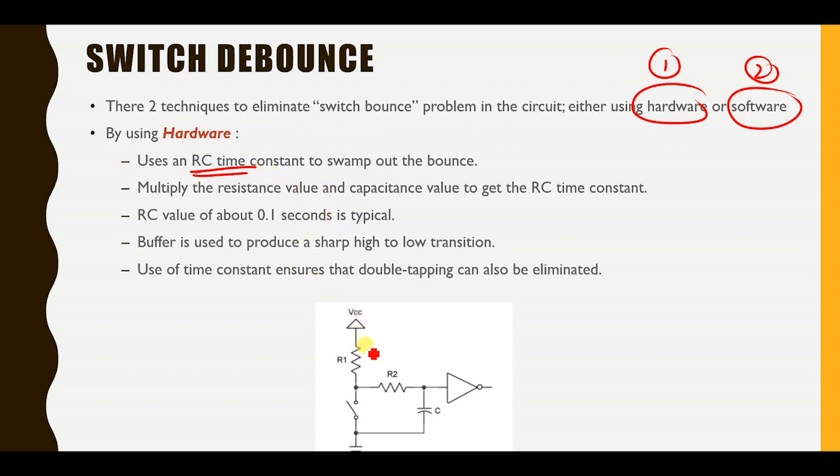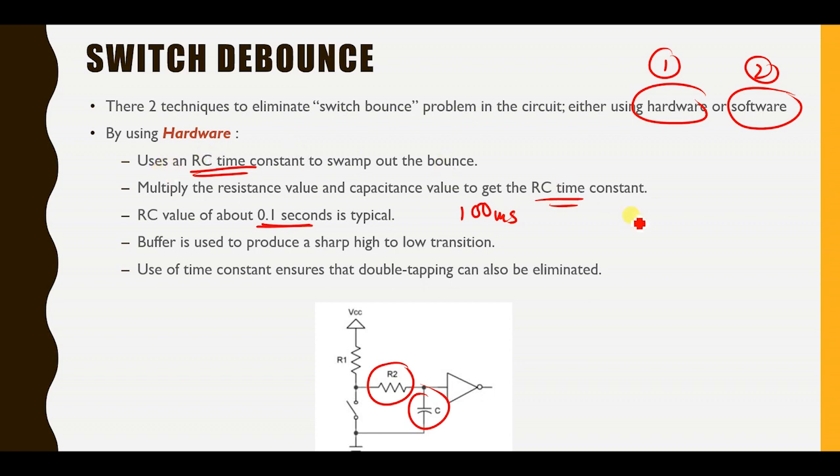With this kind of circuitry, you have the R and C here. So when you press the switch, the bouncing effect will be eliminated by the capacitor and resistor. Multiply the resistance value and capacitance value to get the RC time constant. The typical value is 0.1 second or 100 milliseconds.